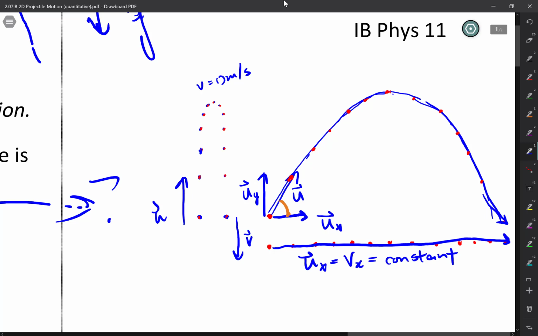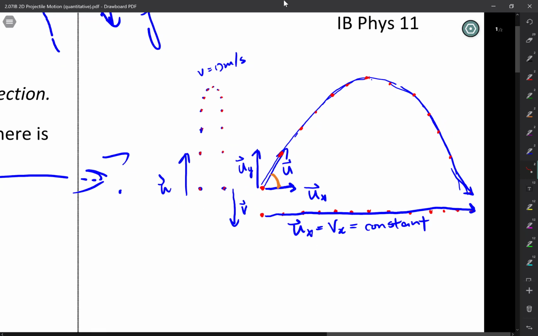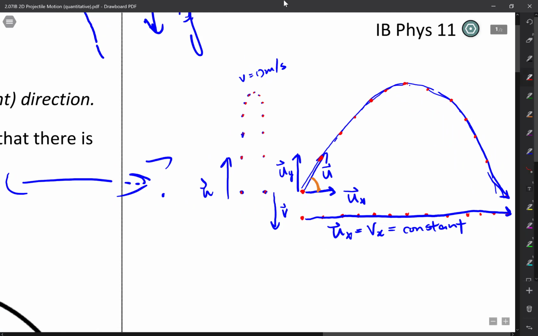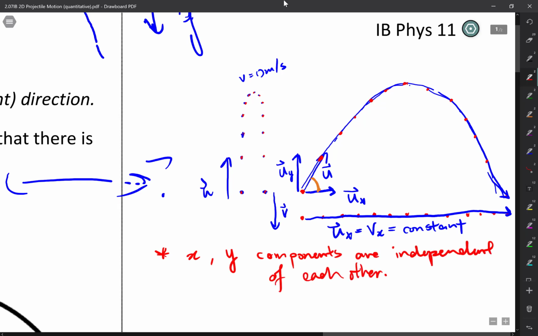The point of this drawing is to show you how 2D projectile motion is essentially a combination of 1D vertical projectile motion plus horizontal constant velocity motion. So this is what I want you to see when you see a 2D projectile motion: it is essentially two individual 1D problems. The key point from this is also how the x and y components, the vertical and horizontal components, are independent of each other.